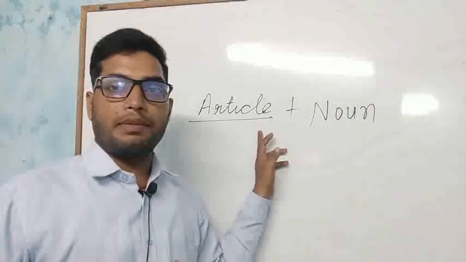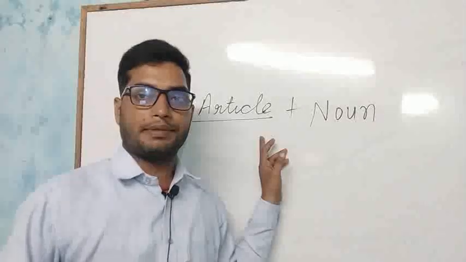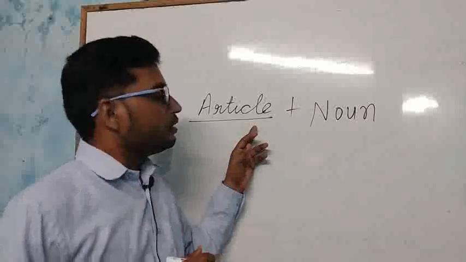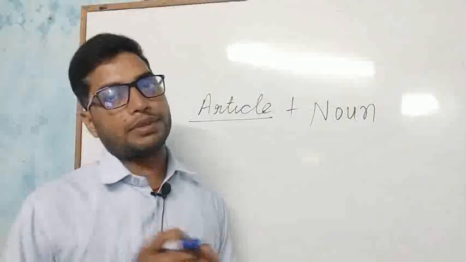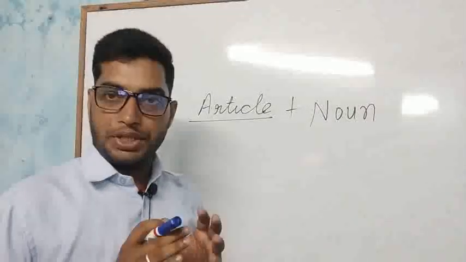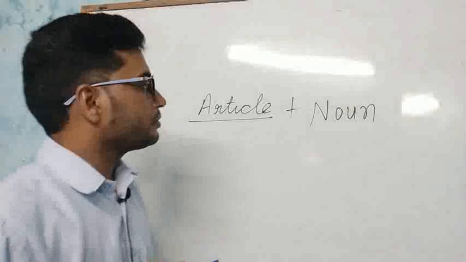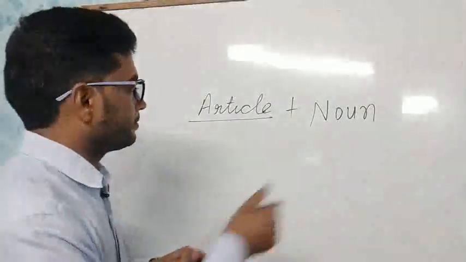In Old English grammar, we could say articles are also part of adjective, right? But in modern English grammar, grammarians confirm it is a part of determiner, it belongs to the determiner group, right?